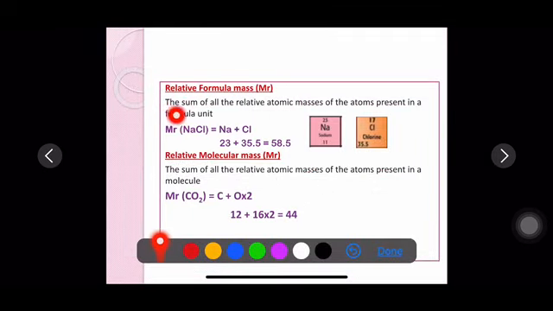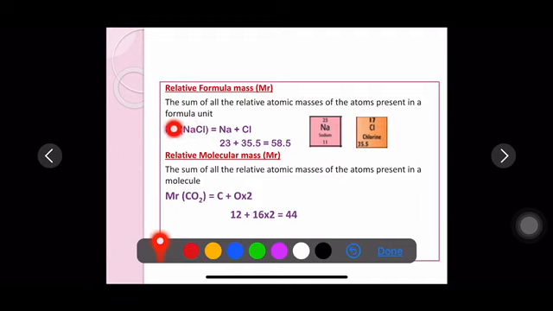What is relative formula mass? It is represented by the symbol Mr. It is defined as the sum of all the relative atomic masses of the atoms present in a formula unit. Generally, we consider an ionic compound as a formula unit.